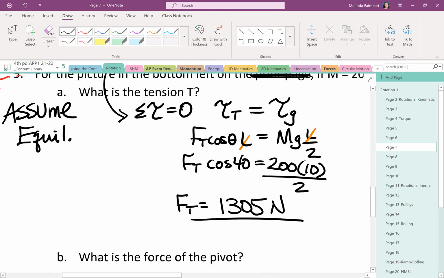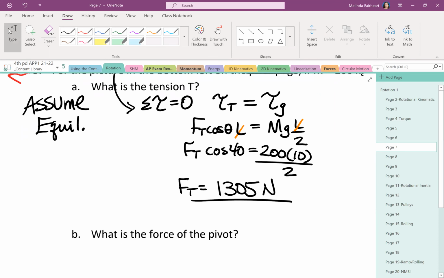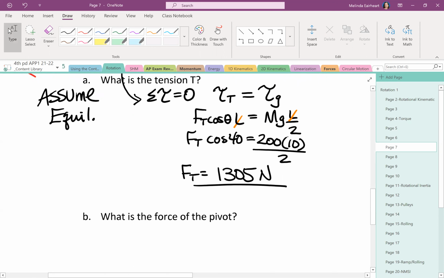You'd probably be okay using 1,300, but I'm going to keep the 5 because we may use this answer to get B. And so I don't want to carry error forward too much, but don't put 20 decimal places after this, okay? You'll lose a point on the AP exam if you put every single number from the calculator, okay? They want you to have an appreciation for sig figs.